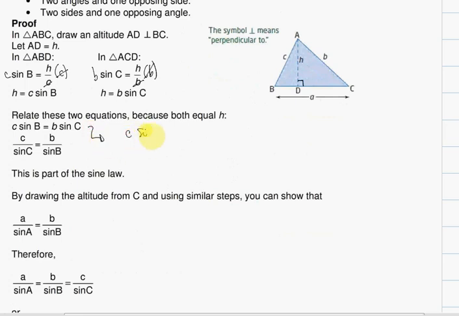So let's start by dividing both sides by sine of B. Okay, then I can reduce on the left.